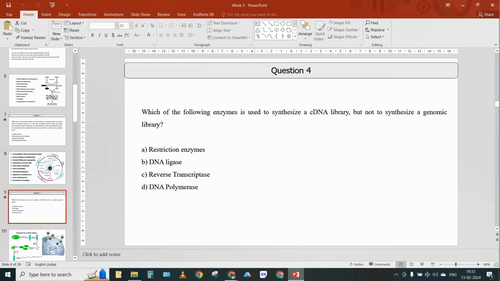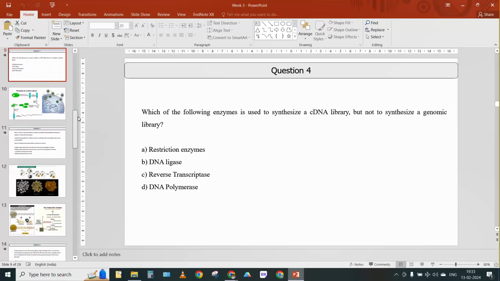Sir, actually, reverse transcriptase is used for reverse central dogma. Exactly. Okay. So let me explain: reverse transcriptase works from mRNA to cDNA.